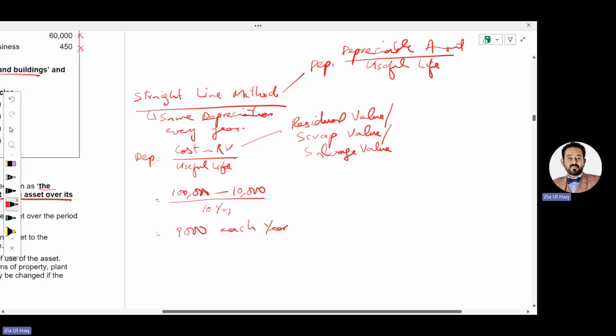What is the depreciable amount? Cost less residual value. If there is no residual value, then cost over useful life. Simple.